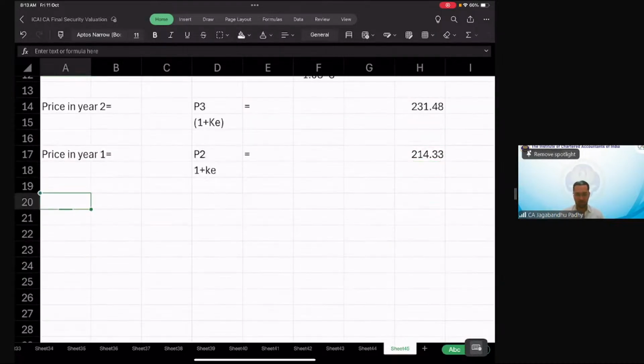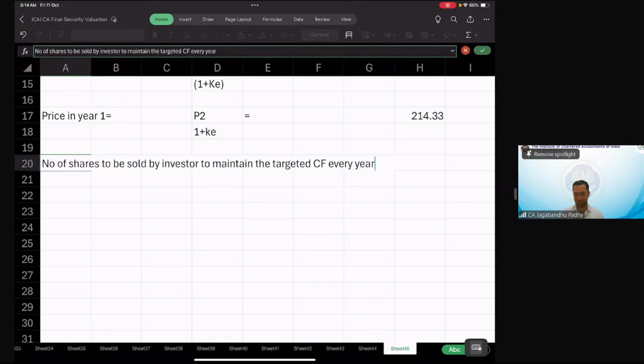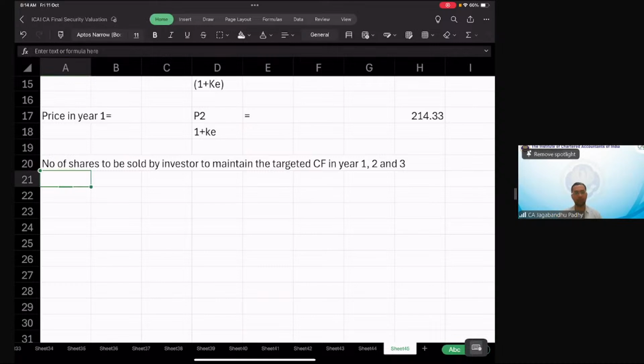Now, what will be the number of shares that you need to sell? Number of shares to be sold by the investor to maintain the targeted cash flow every year, in year 1, 2, and 3.